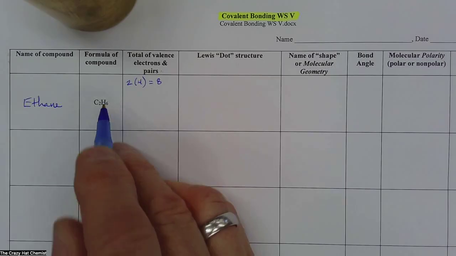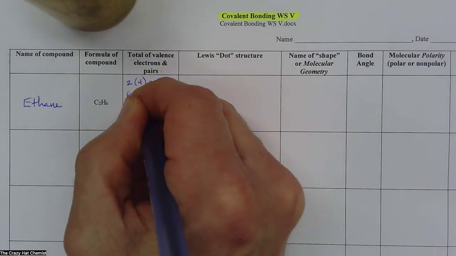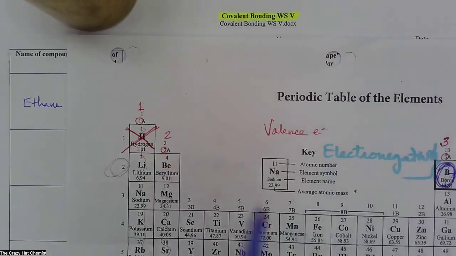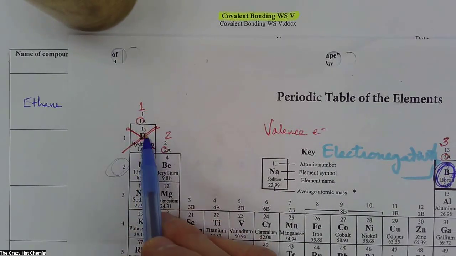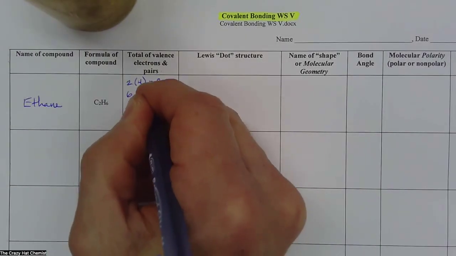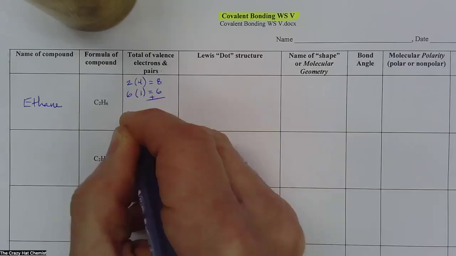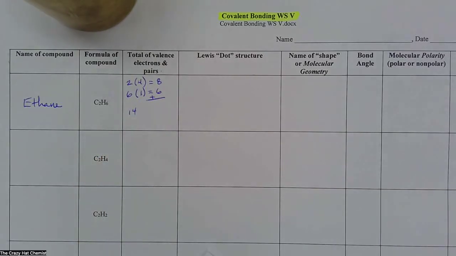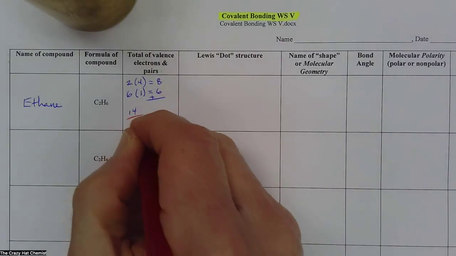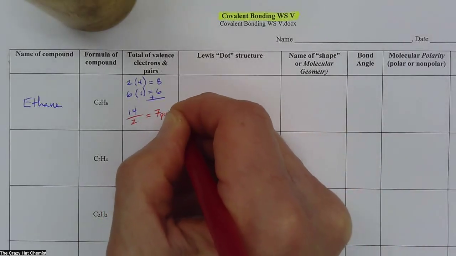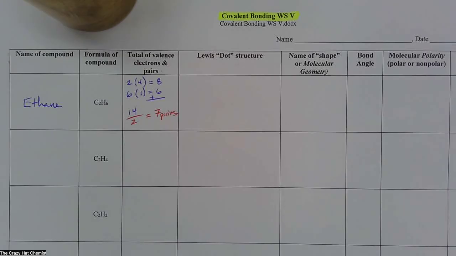There are 6 hydrogens. How many valence electrons in each hydrogen? Each hydrogen has 1 valence electron. So it's 6 times 1, and that would be 6. We're going to sum these up. That's a total of 14. Then we always divide by 2, and that's 7 pairs. We're always working with pairs of electrons. That's the simplest and the fastest.